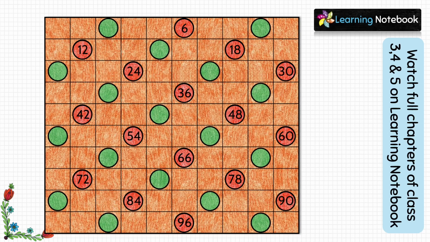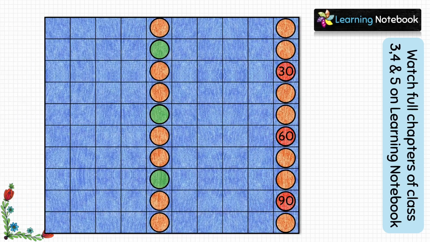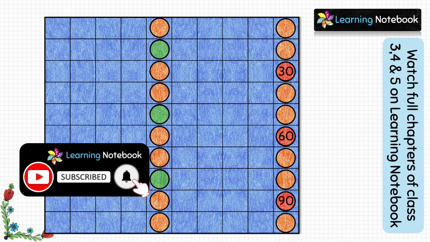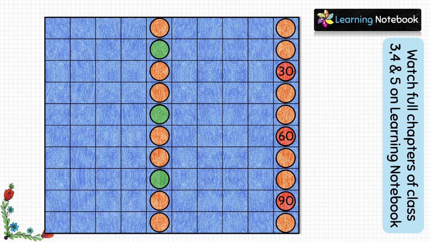Now students, place the blue sheet over this orange sheet to get common multiples of 2, 3 and 5, which are 30, 60 and 90. And the least common multiple among them is 30. So the LCM of 2, 3 and 5 is 30.